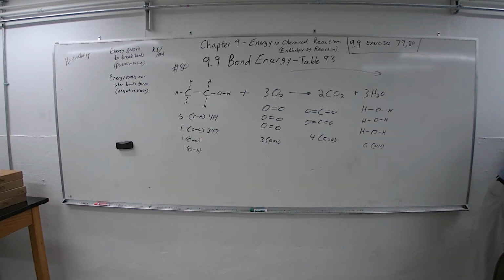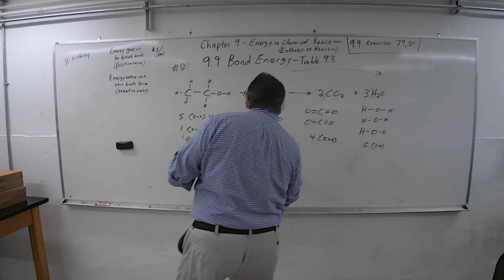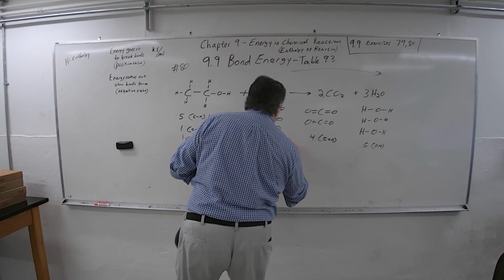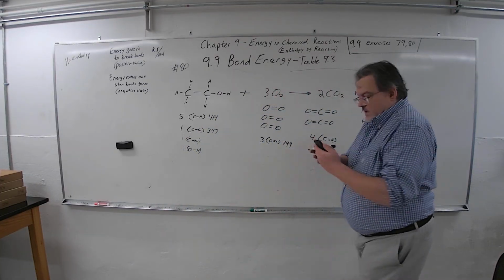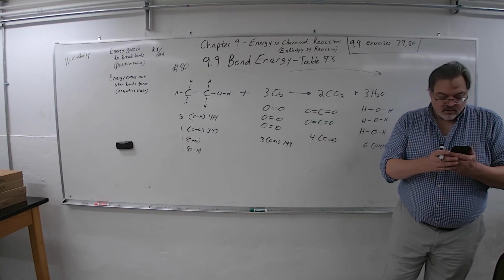Value from the bottom of the chart, 799, C double bonded to oxygen.